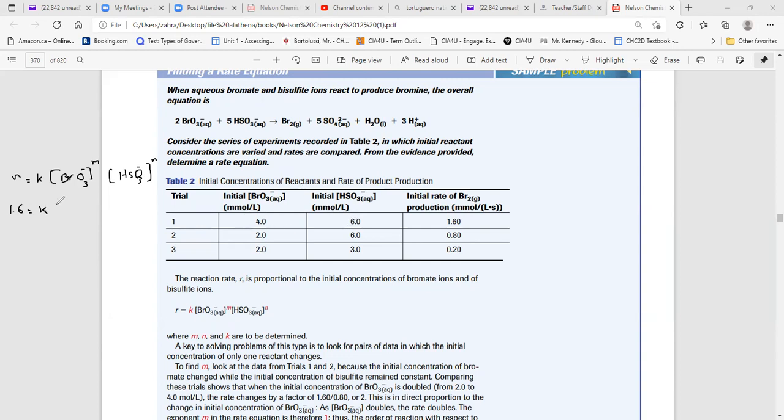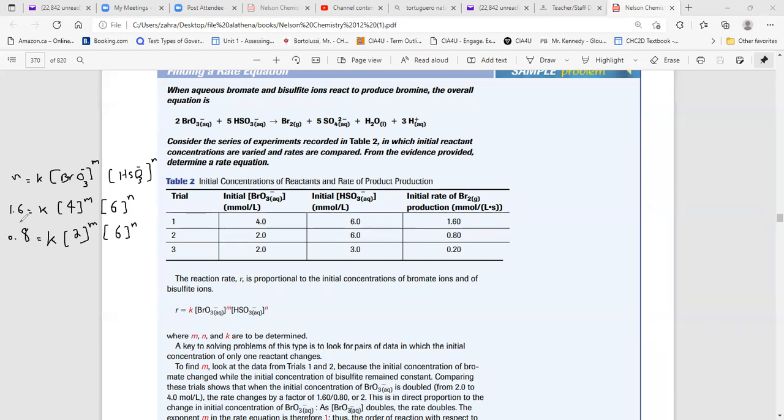The BrO3 is 4 to the power of m. HSO3 is 6, so 6 to the power of n. And the second data is 0.8. It's 2 to the power of m here, and 6 to the power of n.